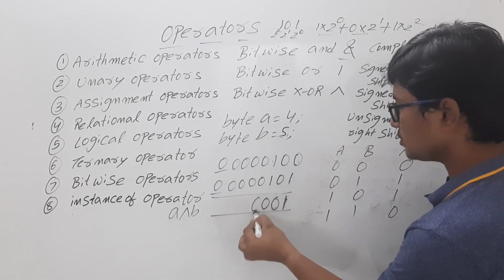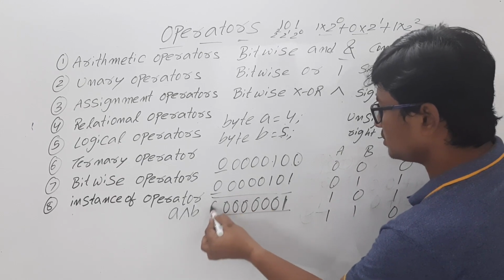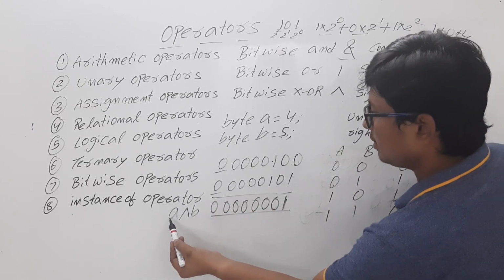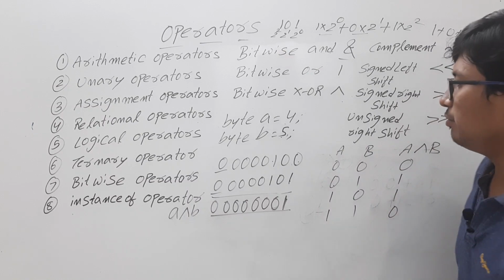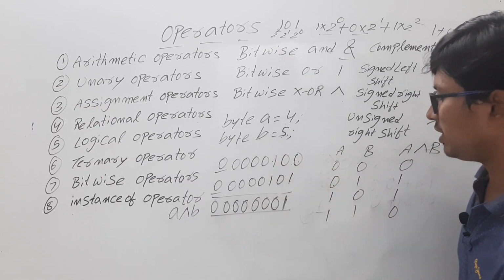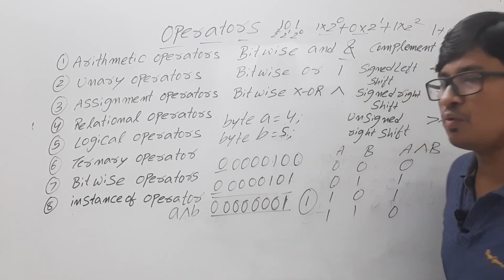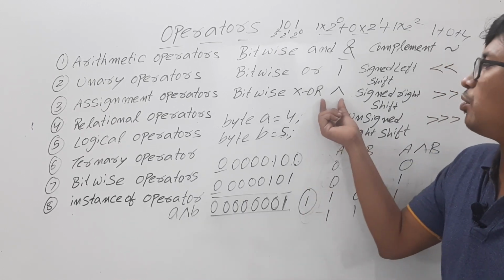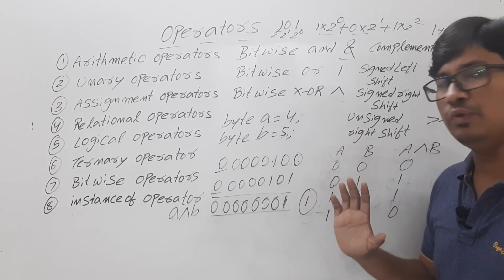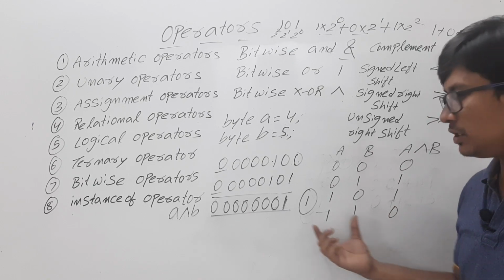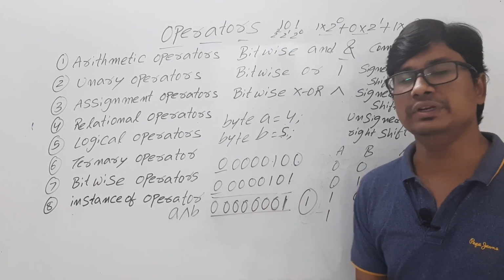Both the inputs are same, 0. So, A exclusive OR B, where A value is 4 and B value is 5, you got the output as 1. I hope you got the point, exclusive OR, how it will work. If you have understood this truth table, then performing this one is very simple.